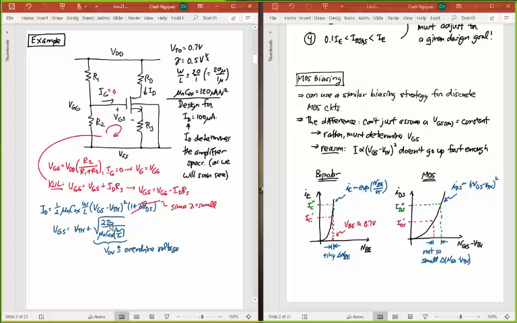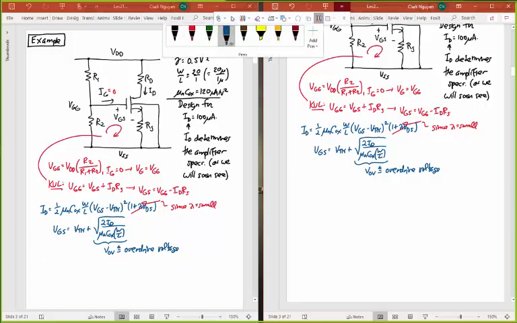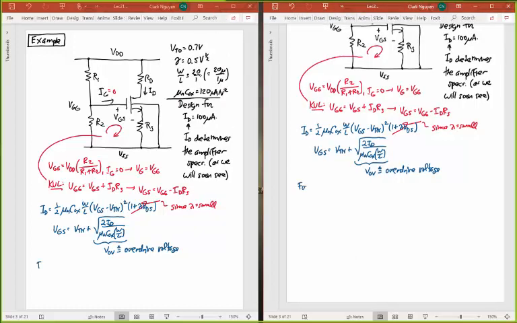So again, I want ID equal to 100, and now I'm just going to plug numbers into this equation. So for ID equal to 100 microamperes, I can calculate my value for VGS.